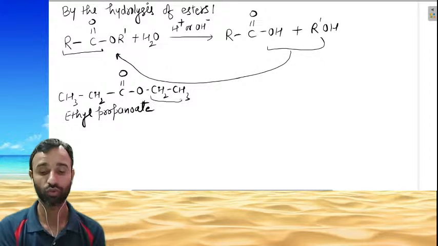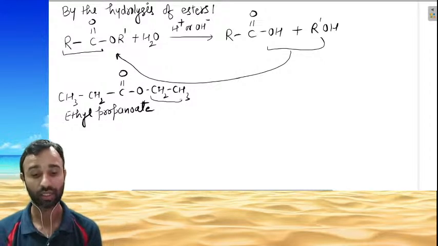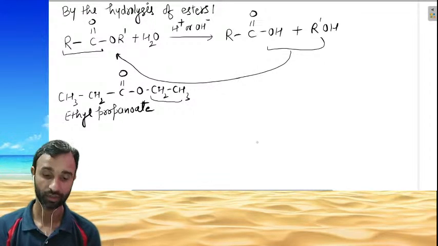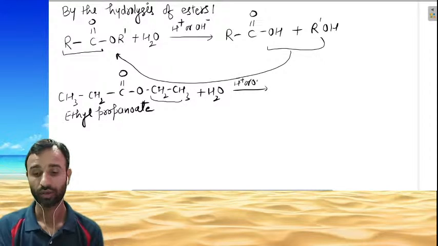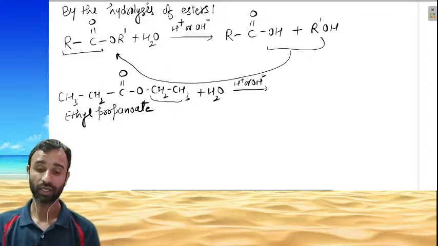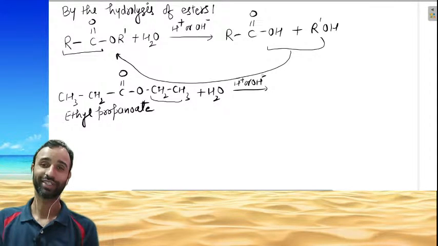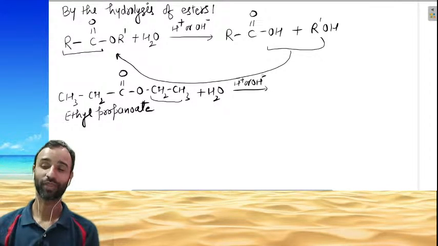The part attached to O is called alkyl and the other part is OH. So ethyl propanoate, when it is hydrolyzed in acidic or basic medium, then tell me what are the products formed. It is your turn now.